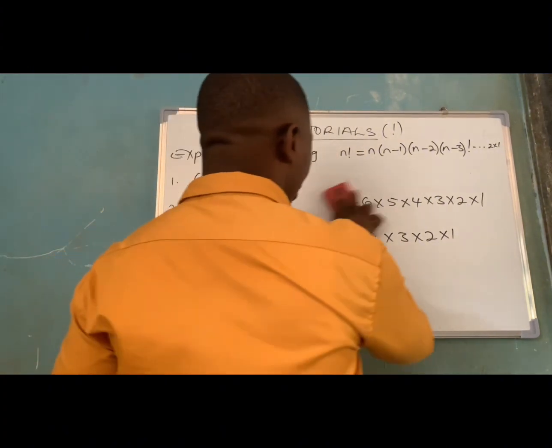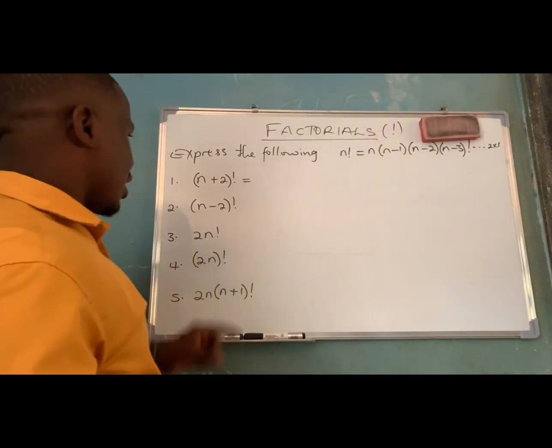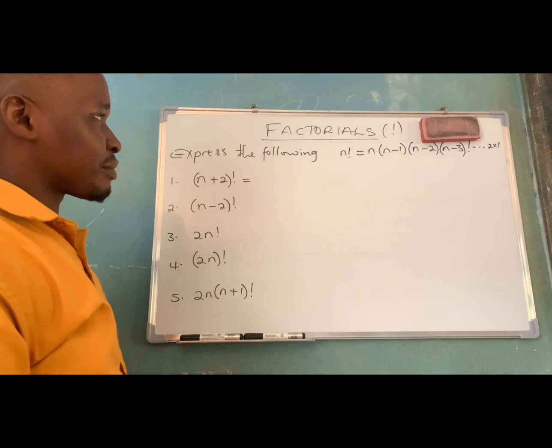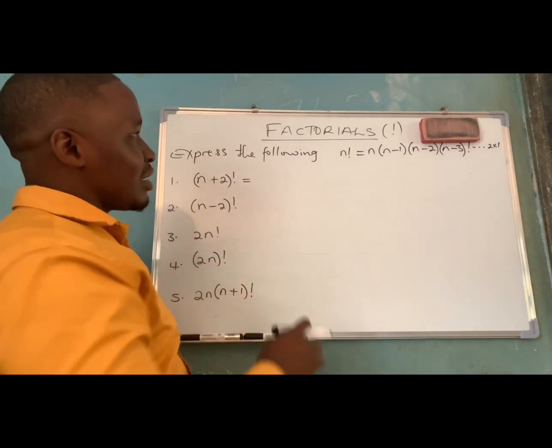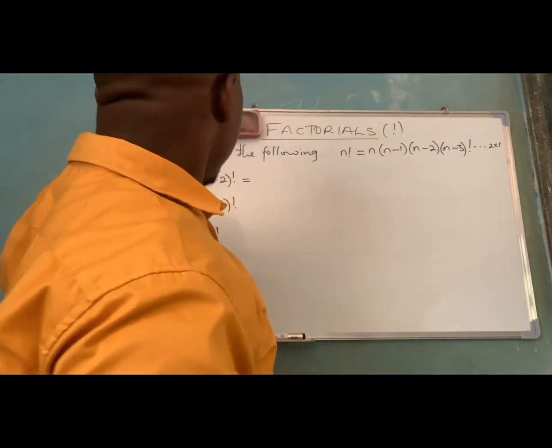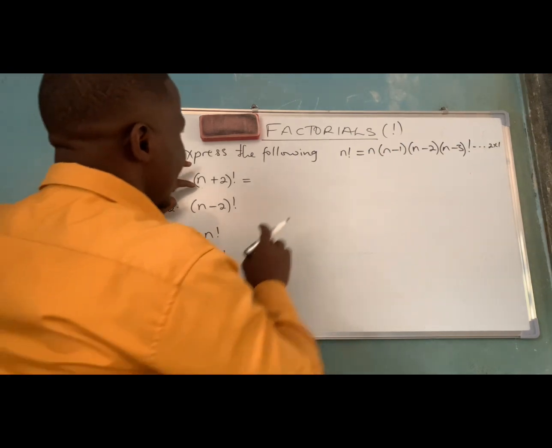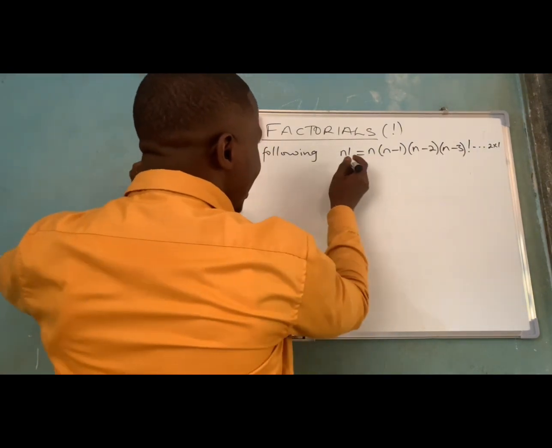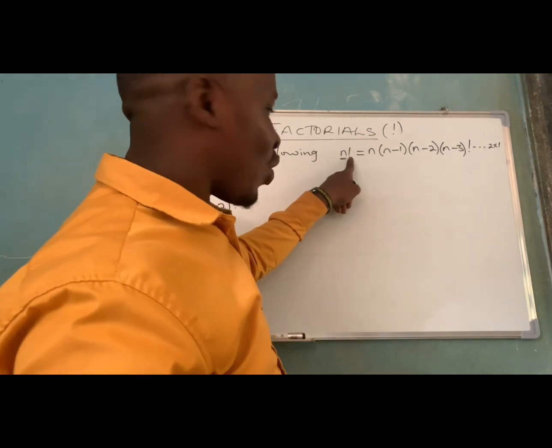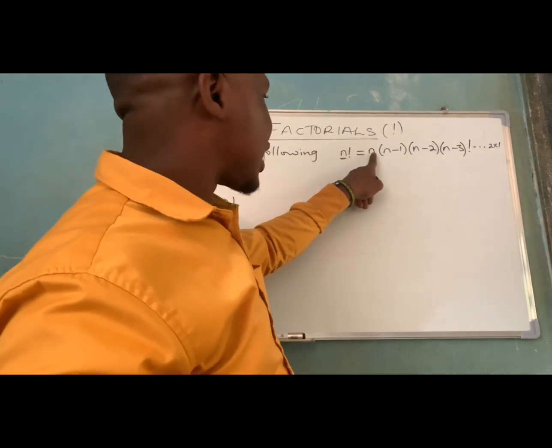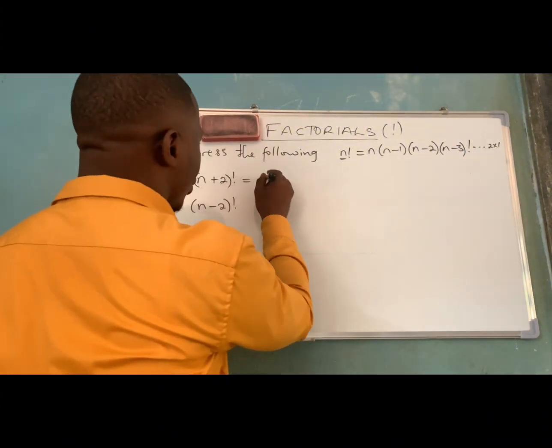Alright. So we want to write the expression for n plus 2 factorial. With n factorial having this expression, we can deduce that what comes before the factorial is n plus 2.